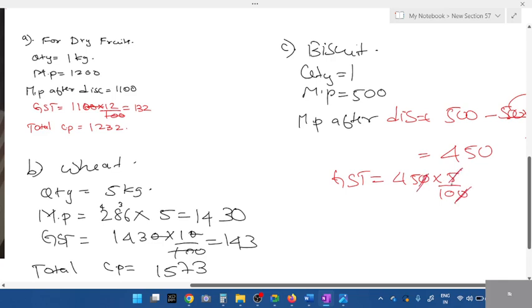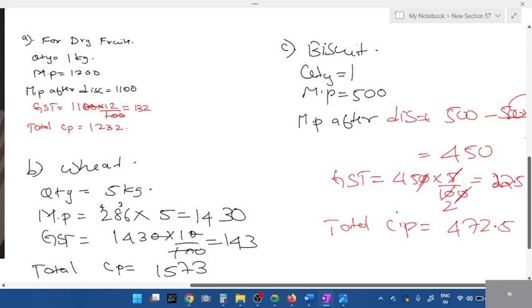What's the answer? Is it 22.5? The answer was 22.5, students. So total cost price is equal to 450 plus 22.5, 472.5.